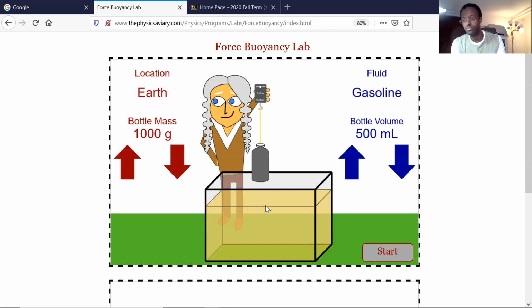Then at that time, it will have displaced an amount of gasoline equal to its volume.